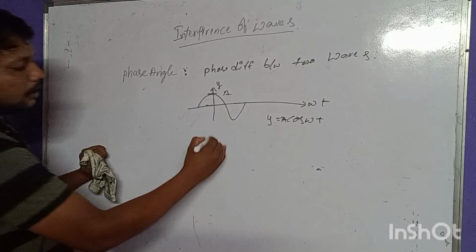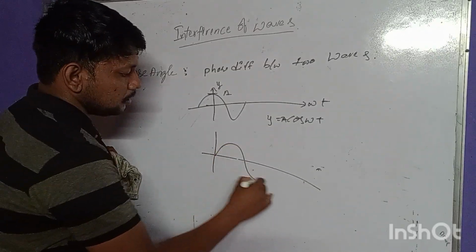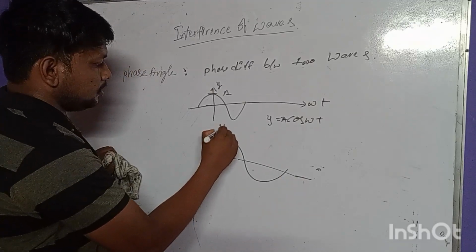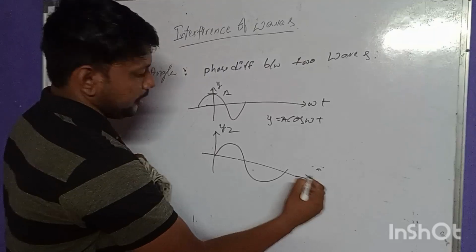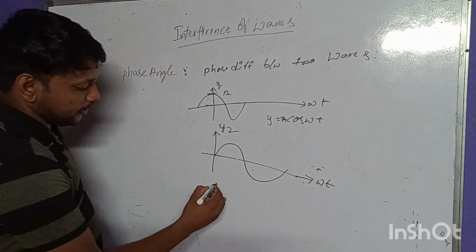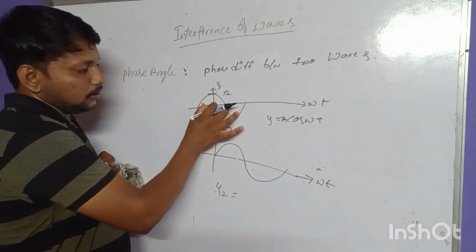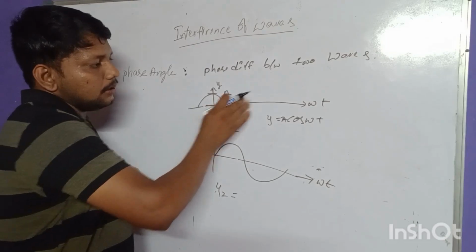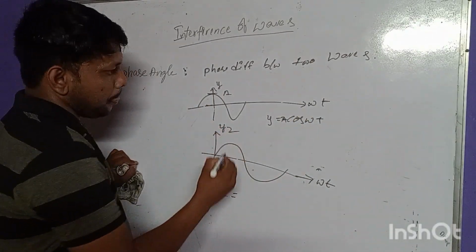Now write the mathematical expression for y2. I am shifting this graph π/2 radians in positive direction, right?